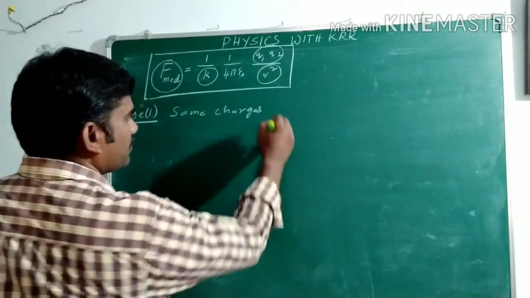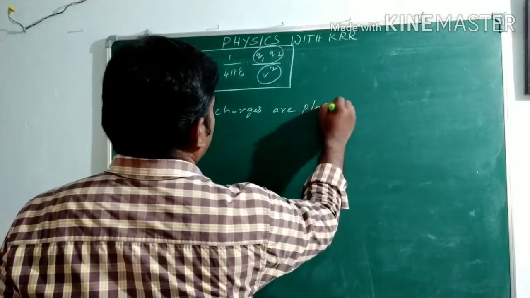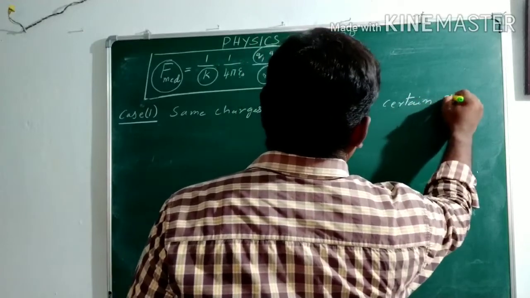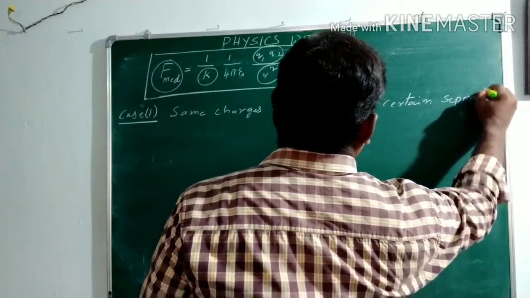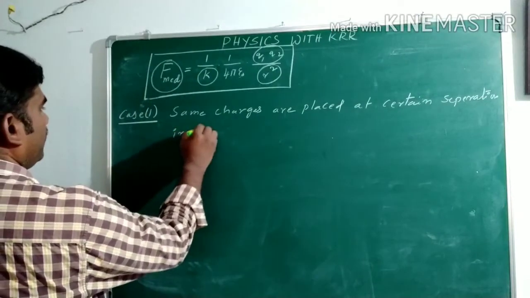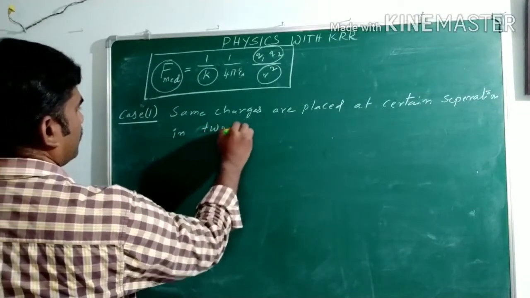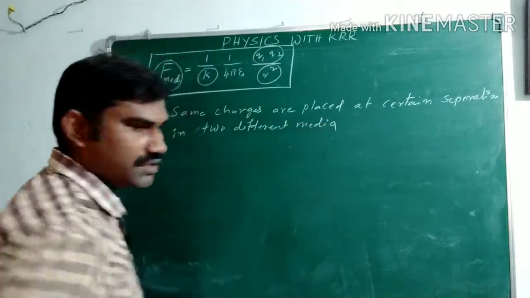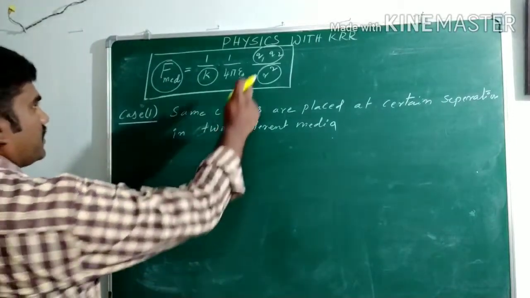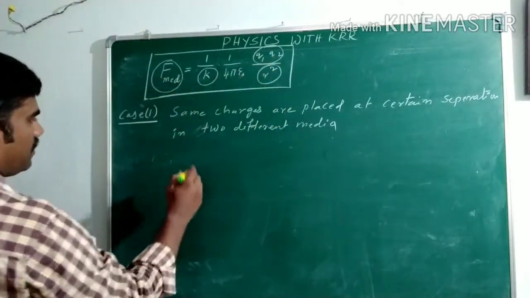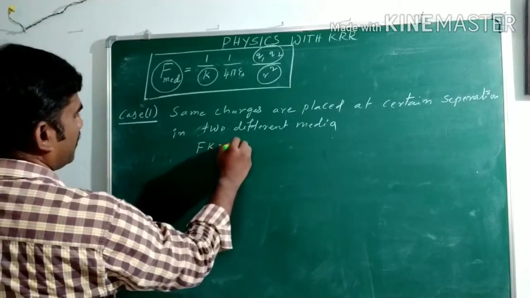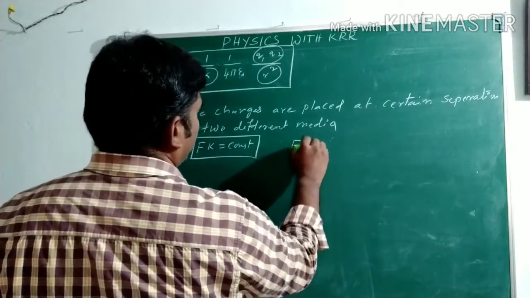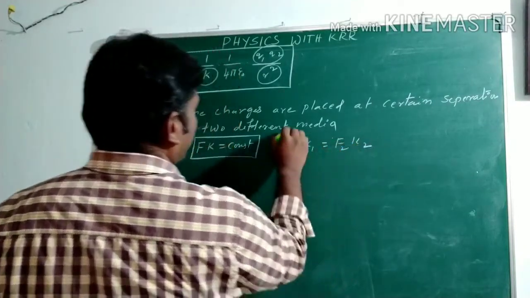So same charges are placed at a certain separation in 2 different media. Then what happened? So these 2 are constant. Now these 2 are inversely proportional. That means F into K is equal to constant. Now we can write F1 K1 is equal to F2 K2.